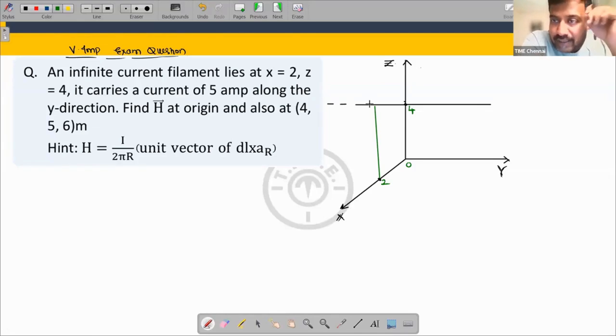In this line, X is always 2, X is not going to change. Because at this point X is 2, and at every point on this line X is 2.